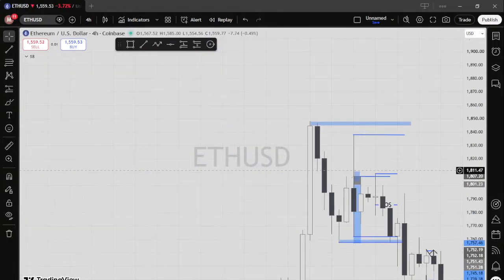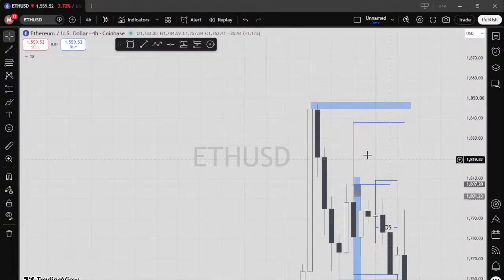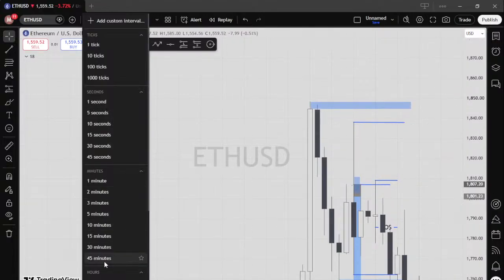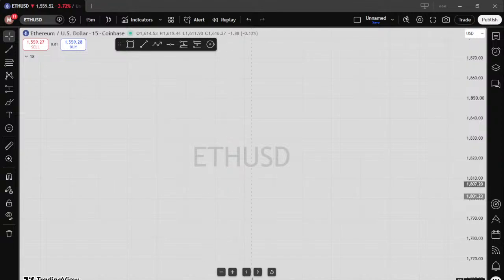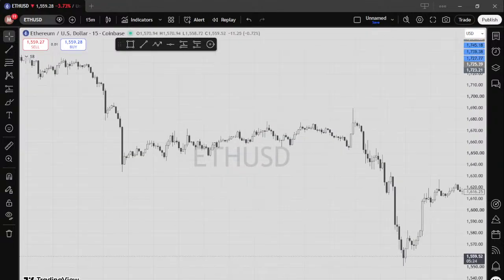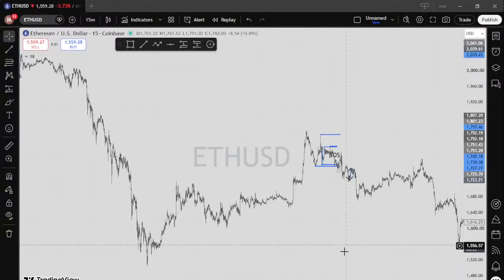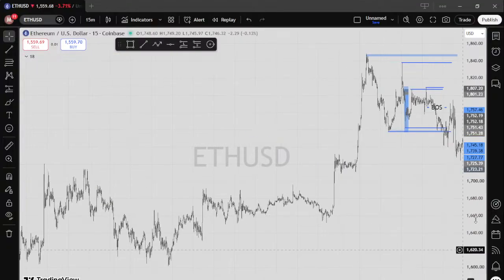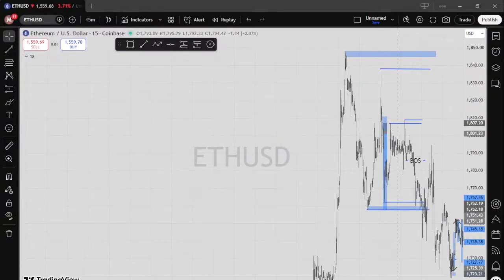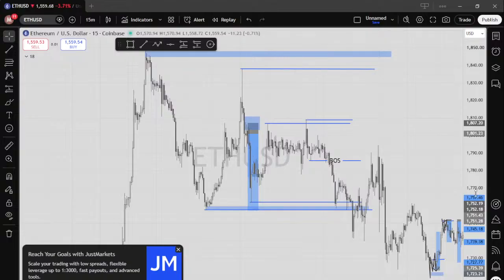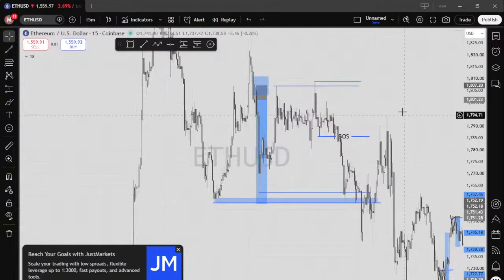Did the analysis play out well? Let me go to 20 minutes and check. Oh man. So this trade, very scary trade. Of course, it's my stop loss, but the correct direction.